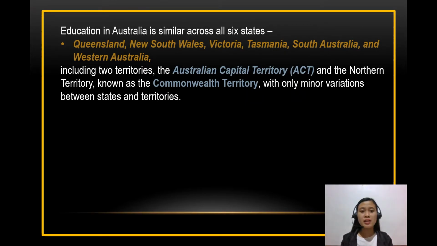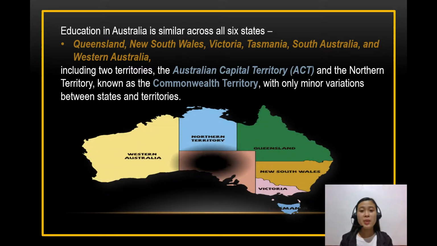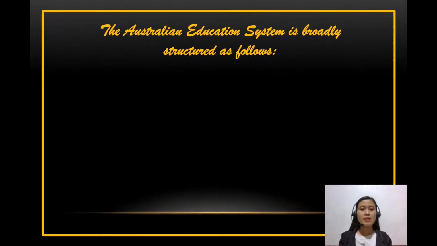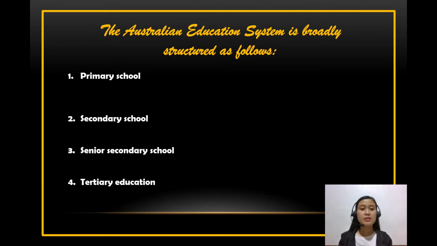Education in Australia is similar across all 6 states, including Queensland, New South Wales, Victoria, Tasmania, South Australia, and Western Australia, and its two territories, the Australian Capital Territory and the Northern Territory. The Australian education system is broadly structured as follows. First, primary school.